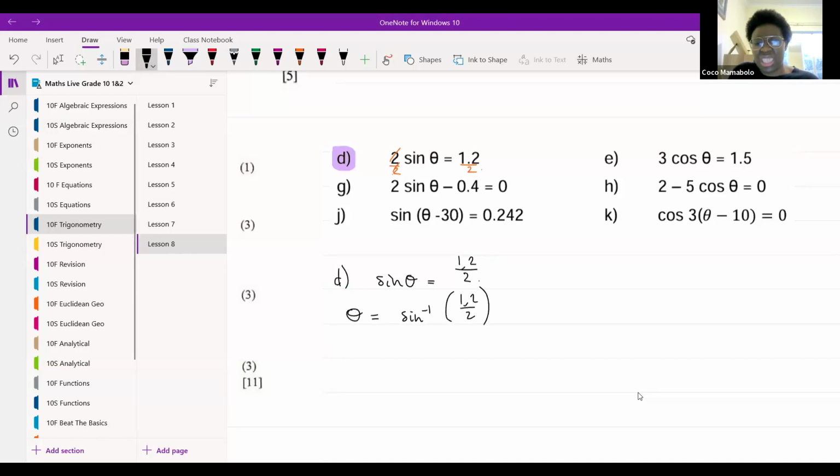Somebody find me a calculator. Grab your calculator and find me an answer, please. My calculator shows 36,86. Beautiful. In this case, we would say 87, right?